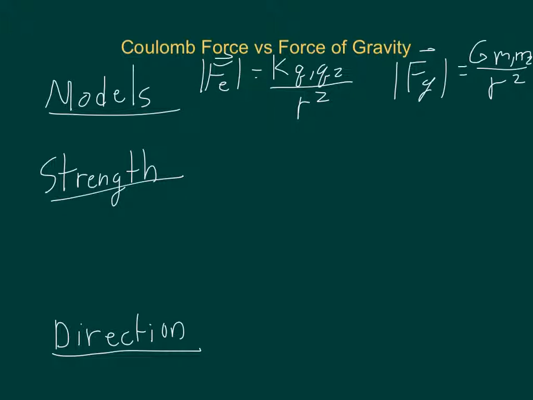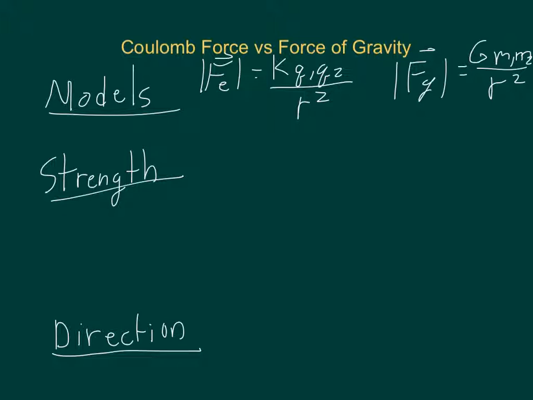So right off the bat, there are a couple of things that you should notice. First off, both the Coulomb force and the force of gravity have the same dependence upon distance. They follow what we call the inverse square law, where at very, very close distances, gravity and Coulomb force would both be very strong, and at extreme distances, they would both be fairly weak.